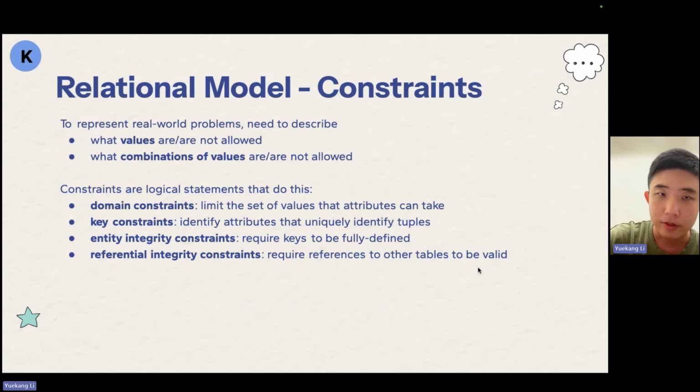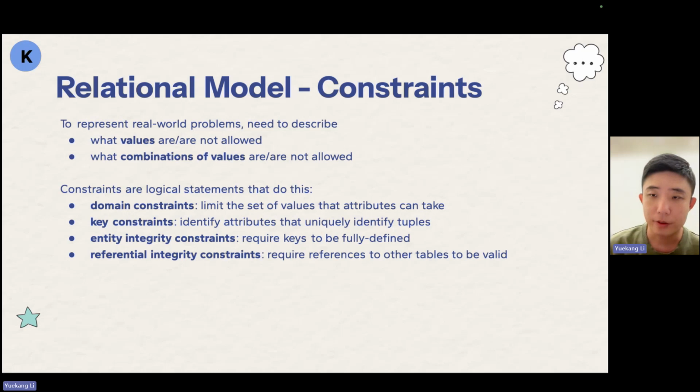There are some constraints in the relational model. In order to represent real world problems, we need to describe what values are allowed or not allowed for an attribute, and what kind of combinations of values are not allowed in our system.